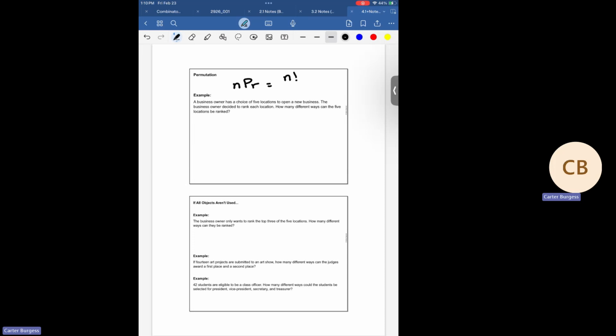And then what did I have to do to this? If I'm only going to choose, say, 5 individuals out of like a team of 10, what do I have to do to my total? So we have a certain number of objects being ordered.